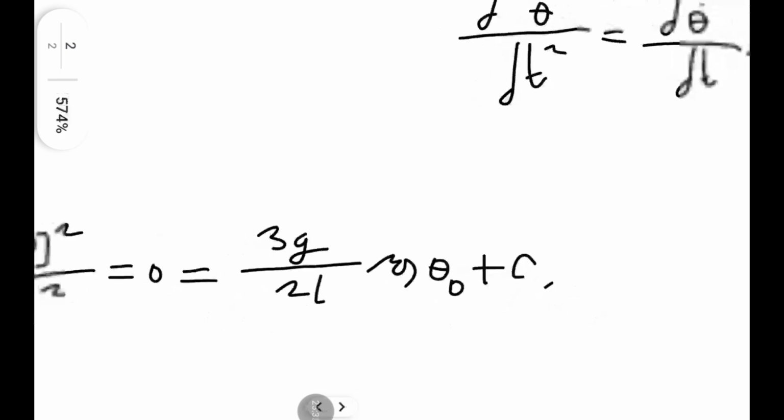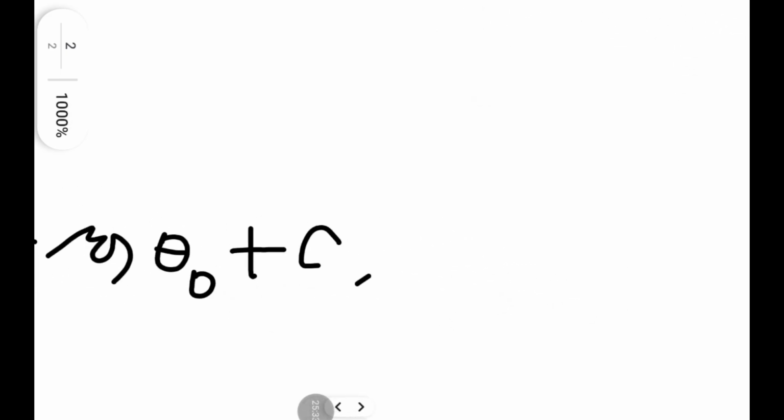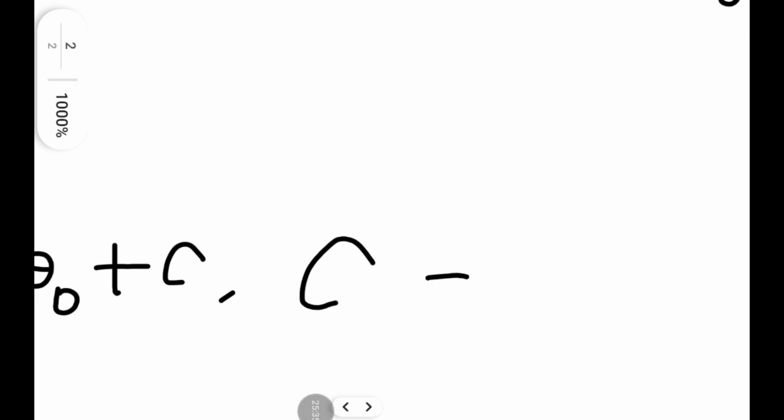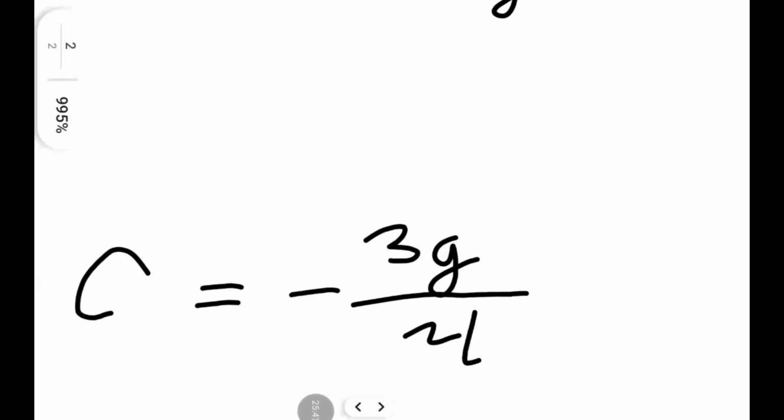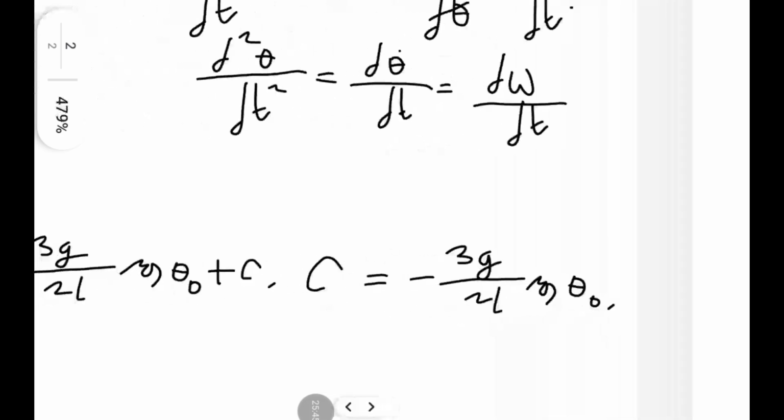We can solve that very easily by getting c is equal to minus 3g over 2l cosine of theta, the initial angle. And there you have c.